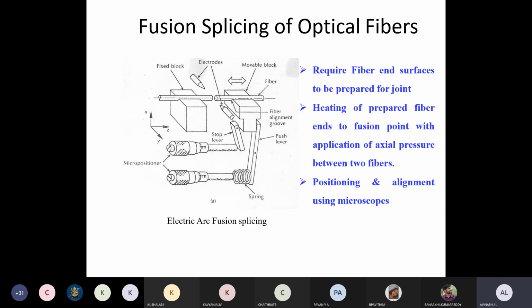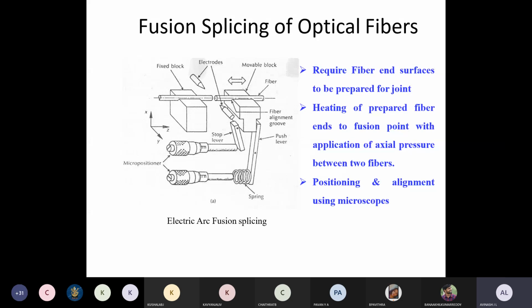The fixed block holds fiber one, and the movable block holds fiber two. The movable block is moved to and fro to make a joint, and the axis is maintained in the proper direction.